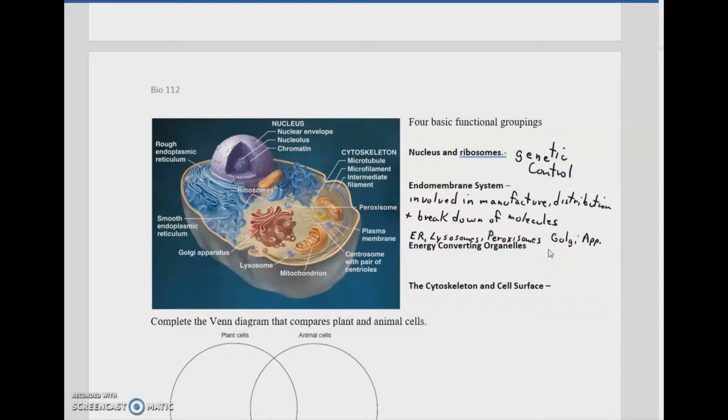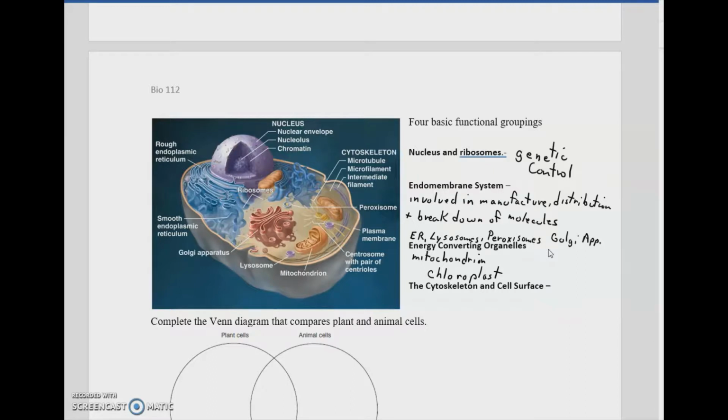It involves the energy converting organelles, mitochondria and chloroplasts. Chloroplasts are found in plants. They're what makes the leaf green, and they're what will absorb energy of the sun and turn it into sugars.